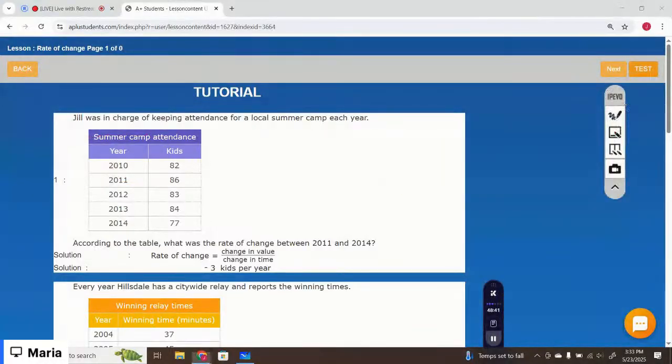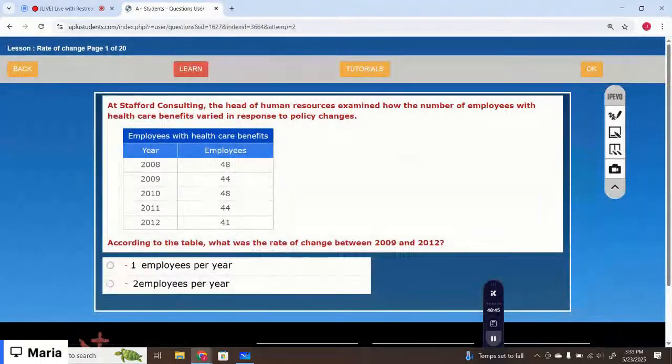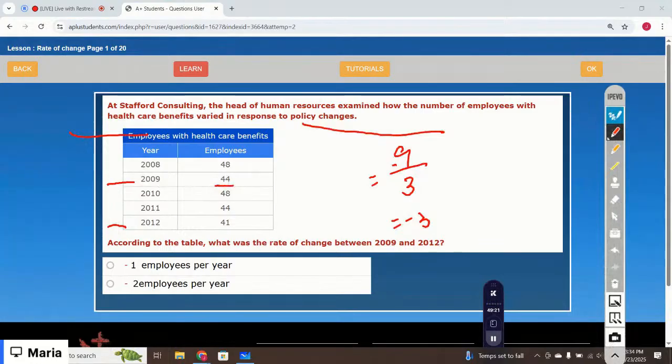Let's just start with the test questions. At Stepford Consulting, the head of human resources examined how the number of employees with healthcare benefits varied in response to policy changes. According to the table, what was the rate of change between 2009 and 2012?